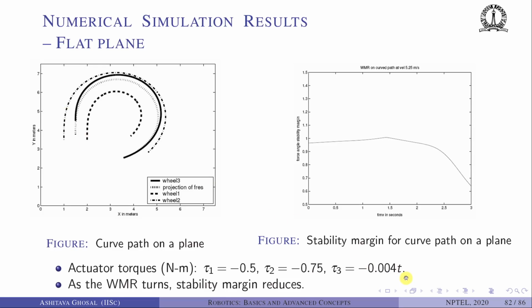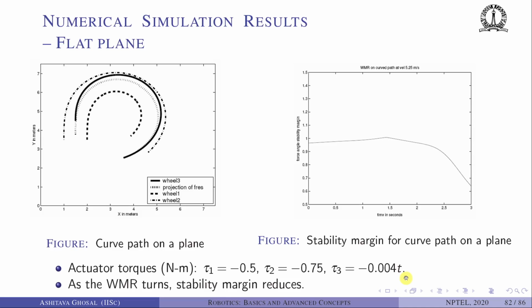So basically what have we done? Let's summarize. I have the equations of motion. I can solve the equations of motion to find out the net resultant force and the net resultant moment acting at the CG of the top platform. Then I can find the tip over axes A1, A2 and A3, three of those between wheels 1 and 2, 2 and 3, and 3 and 1.